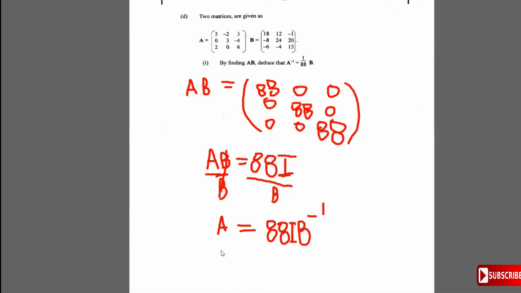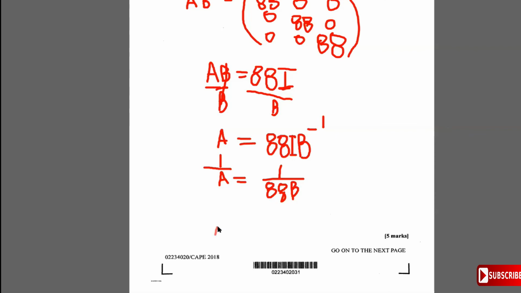If A is this, then 1 over A is equal to 1 over all of this: 1 over 88 times B to the minus 1. And so A inverse is equal to 1 over 88 times B, since 1 over B to the minus 1 is just B. Nice. That's what we get.